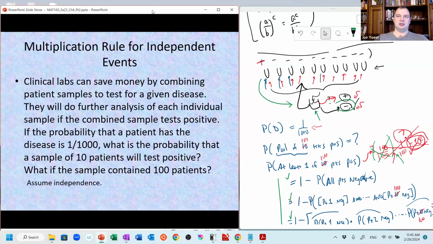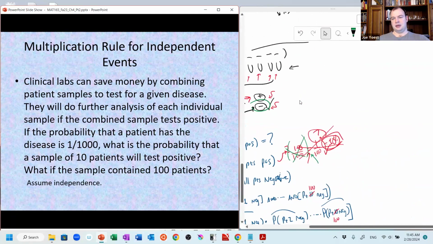If the pool tests positive, probably only one of those folks is going to be positive. It's not a guarantee. But if I have the pool of 10 folks that's positive, I could do an exhaustive search and just test each of the 10 people and see which one was positive.